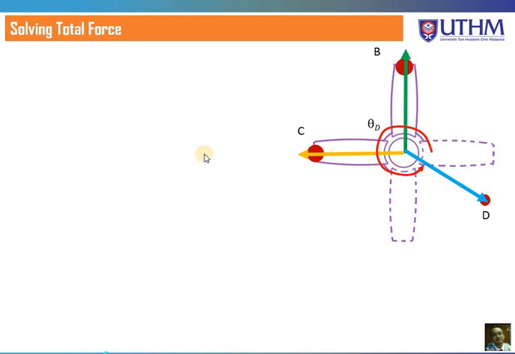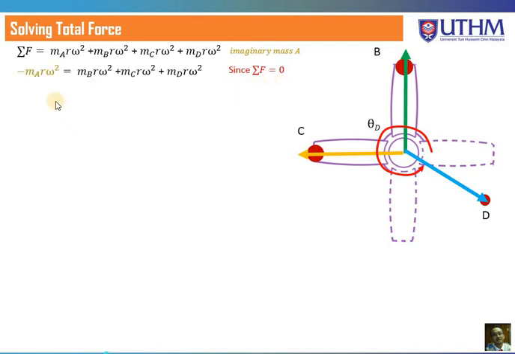Next, when you have already solved the magnitude of D, you need to solve the total force from the equation of m r omega squared. Follow the same trend. This is the imaginary mass, and the sum of forces is equal to 0. Since W is constant, take out W first, so for MA, left out the MAR.